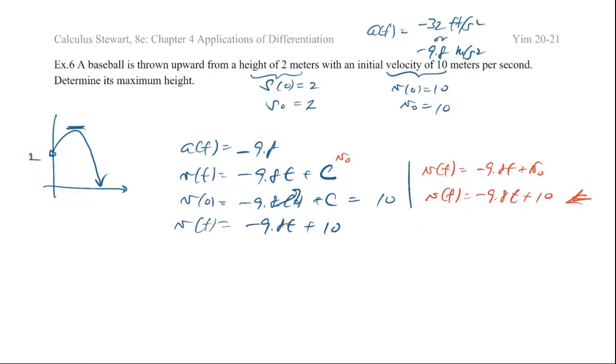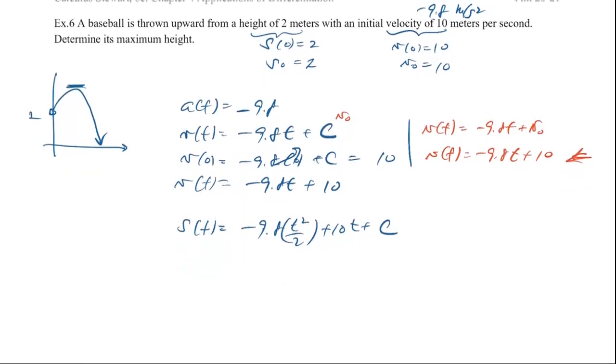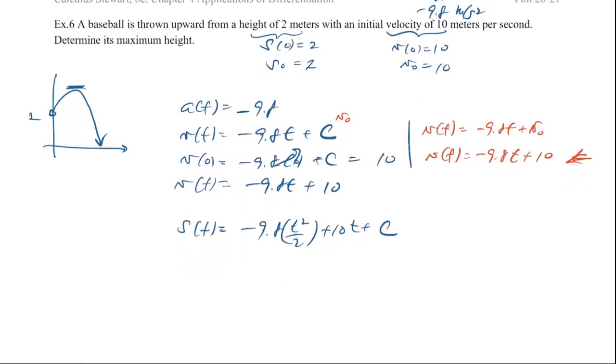Now, using this information, we need to find the antiderivative of that to find s of t, right? S of t will be negative 9.8 t squared over 2 plus 10t plus c. As a shortcut, I'll be willing to accept s naught, and then you could directly substitute it in. But I would wait until this becomes a habit.